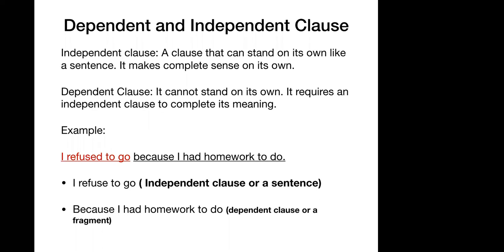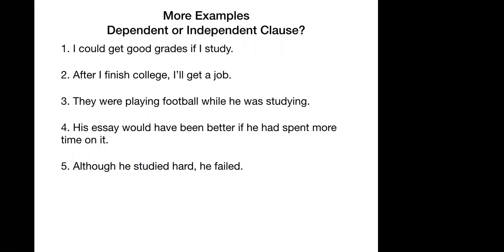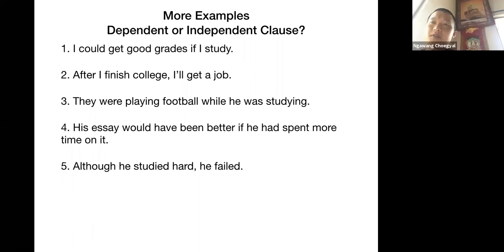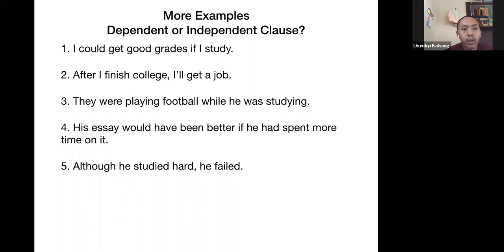All right. So now we have some examples over here. Is it a dependent or an independent clause? All right, let's see. I could get good grades if I study. Now let's break this up into two parts. Which part is a dependent clause? Which is the independent clause? First part, if I study is the dependent clause.